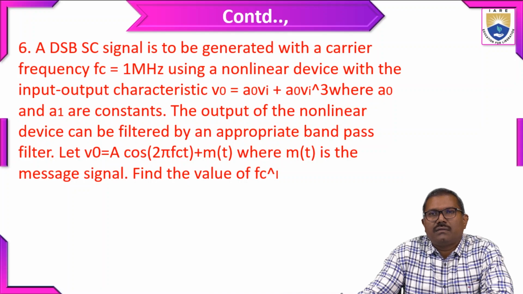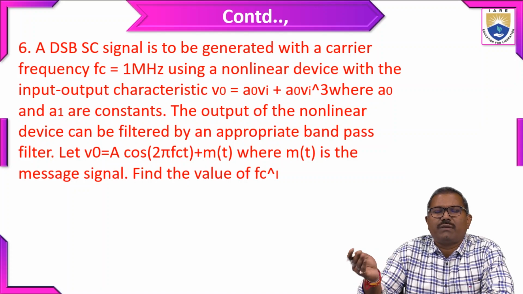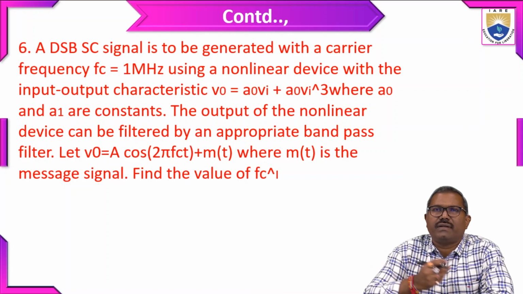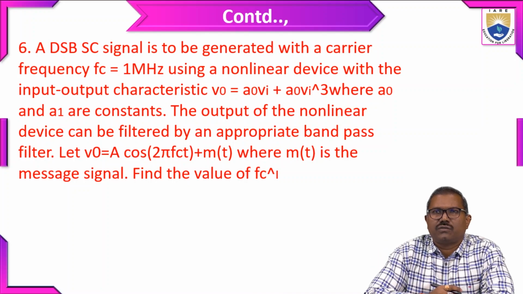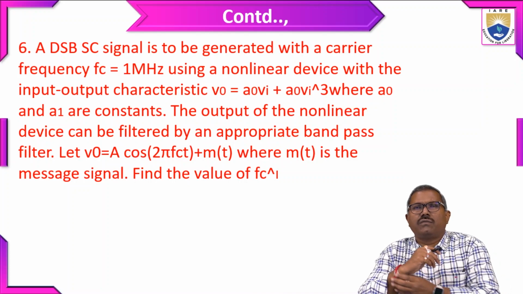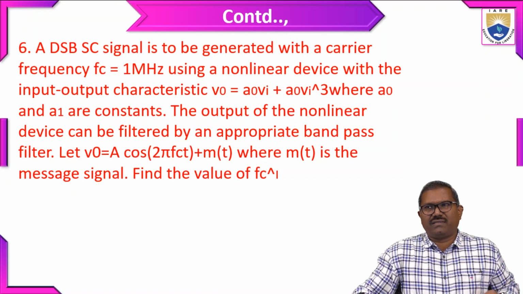Why? The main disadvantage of AM is wastage of bandwidth. We have 2 sidebands, so it takes more power and more bandwidth. So I'm going to reduce these 2 very essential parameters, power and bandwidth. So we move to DSB-SC.